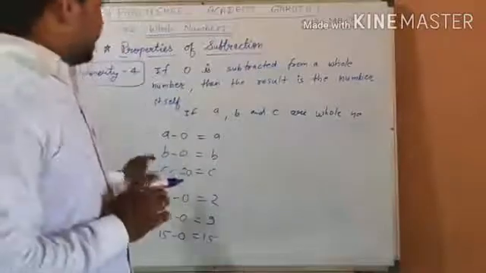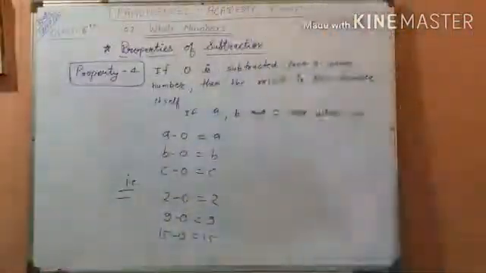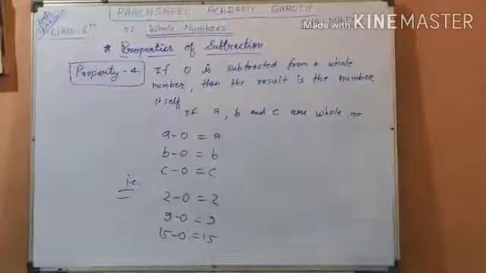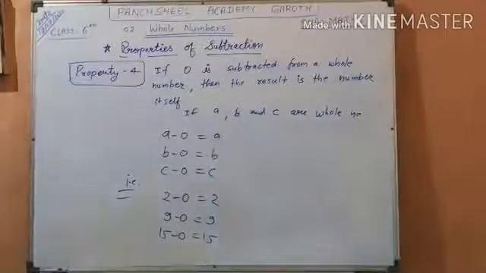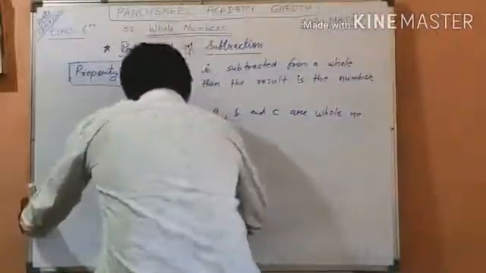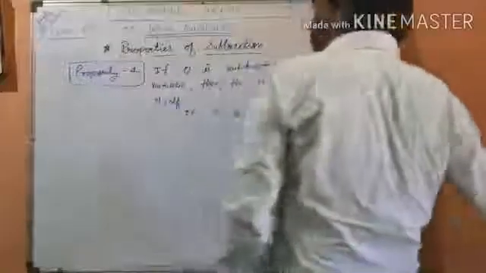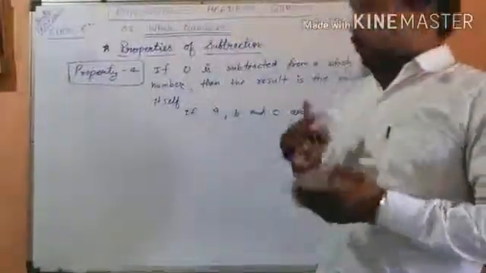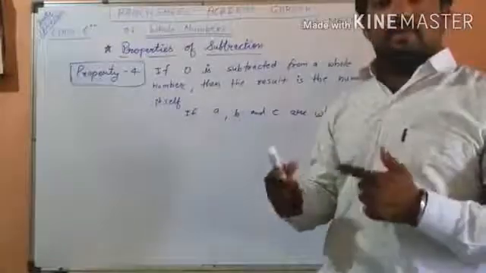Okay. Get it? Now the fifth property. First we have to write it. As we are writing here, you must write with me, or you can pause the video and make your notes. After that we will solve questions.